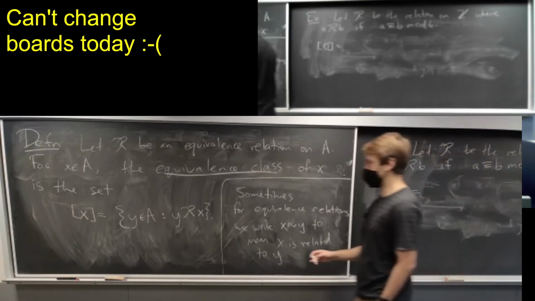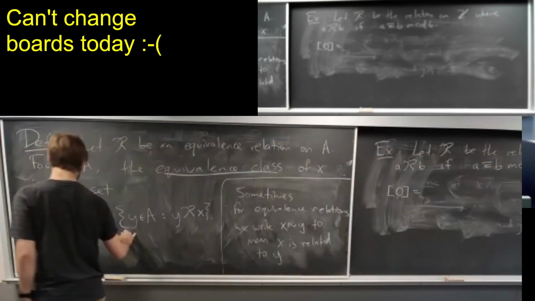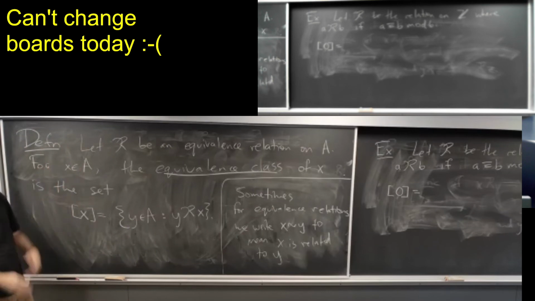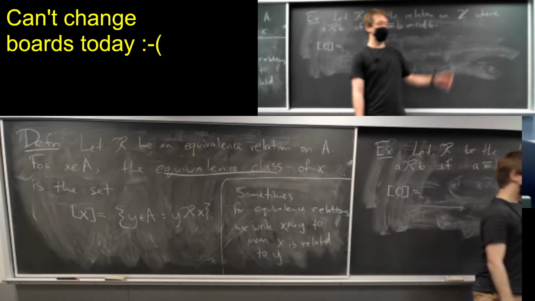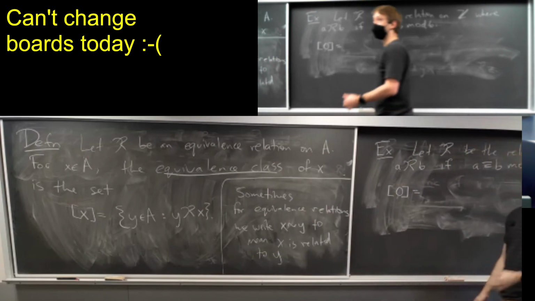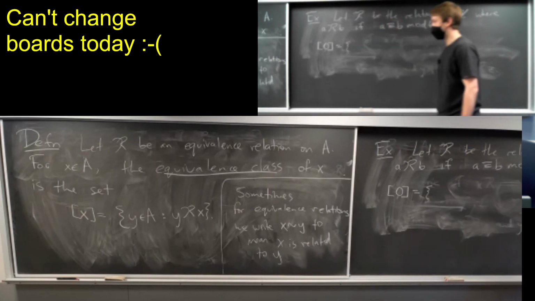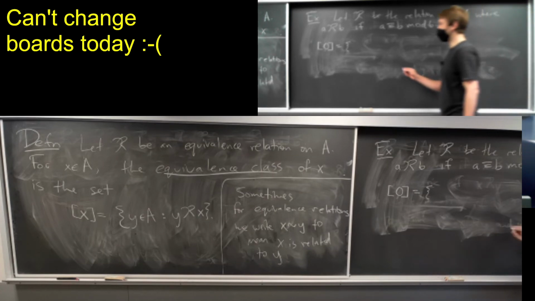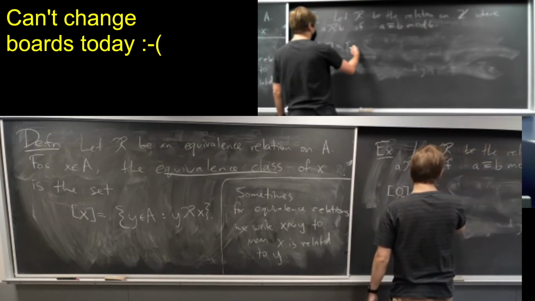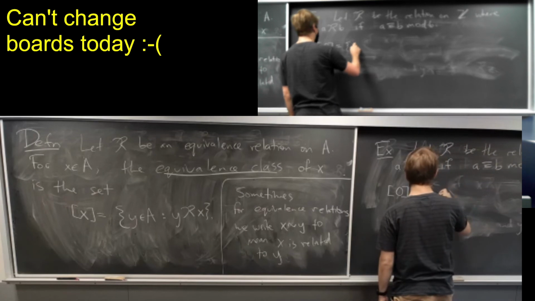We have to go back to our definition. It's the set of all y in, in some sense, our universe. So it's the set of all y in Z which are related to 0. But how would I write that properly in this case? Yeah, exactly. You could just write multiples of 6 here.